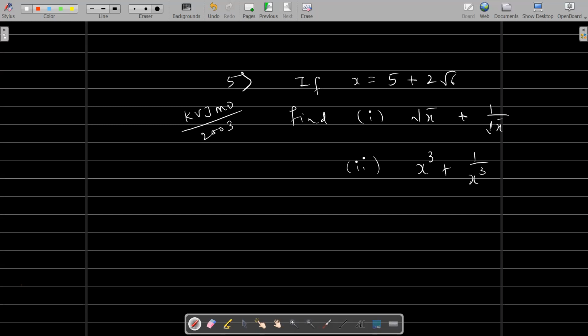Yes, Anish. First one is correct. Okay, so first of all, if I can express x as something square, then my root x will be that something, right?